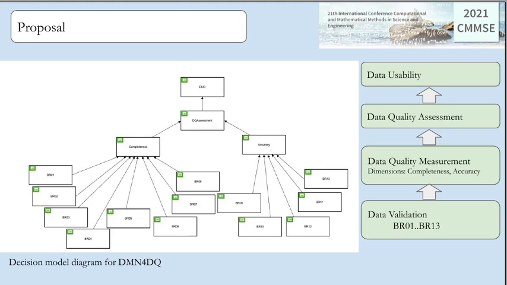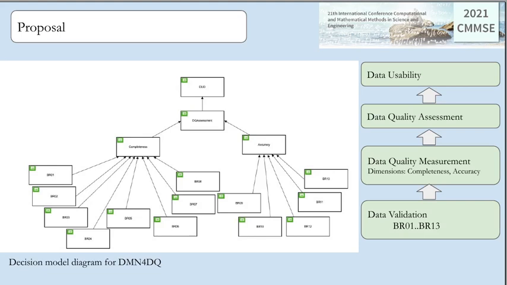Subsequently, we want to apply DMN to the dataset to evaluate the usability of the data in terms of data quality, to discard those that don't provide sufficient information, and to include in the final catalog the datasets that have obtained an adequate evaluation according to the data quality requirements. This is carried out by means of the defined decision rules.